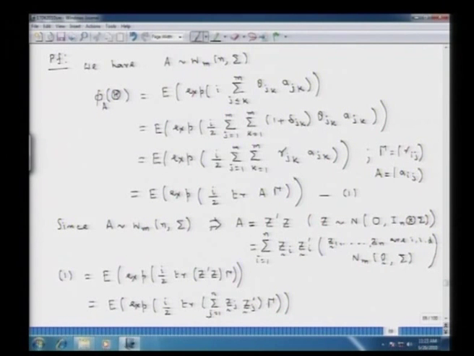Now, the gamma can be multiplied out term by term. So, we will have the trace of the summation of Zj Zj transpose times gamma, and then the trace of AB equals the trace of BA. So, the trace of Zj Zj transpose gamma will be equal to the trace of Zj transpose gamma Zj, and that is what is written out here.